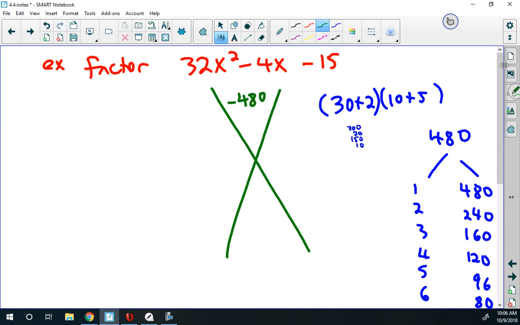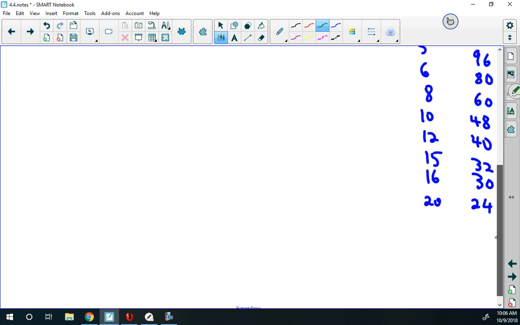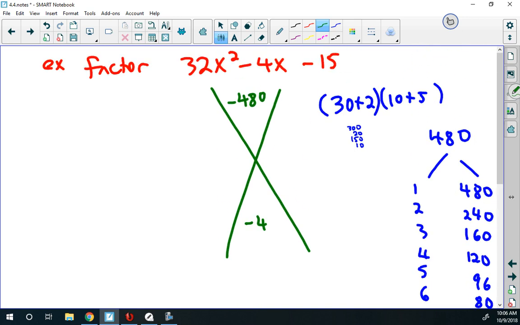And I want factors that add up to negative 4x. So I'm going to have to go with what and what? 20 and 24, right? 20 and 24. Now my signs are going to be what? Plus on the 20 and minus on the 24, right? So on the magic X, you are incorporating signs.